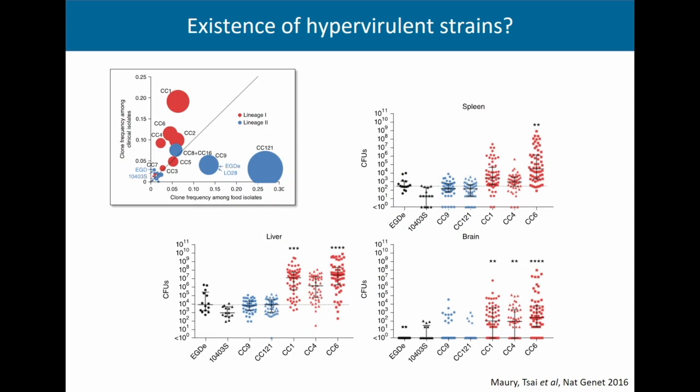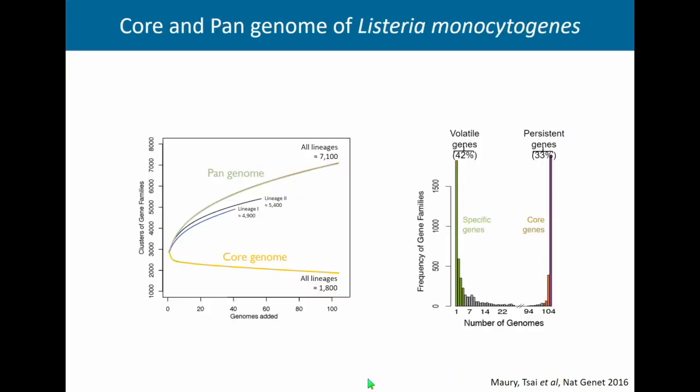And just in one slide to show you that this is actually the case, when we look in an experimental model of listeriosis, this is a humanized mouse model we have developed, you see in terms of colony-forming units from the spleen and liver and the brain of all infected mice, that these so-called clinically associated clones are much more neuroinvasive than other clones, for example.